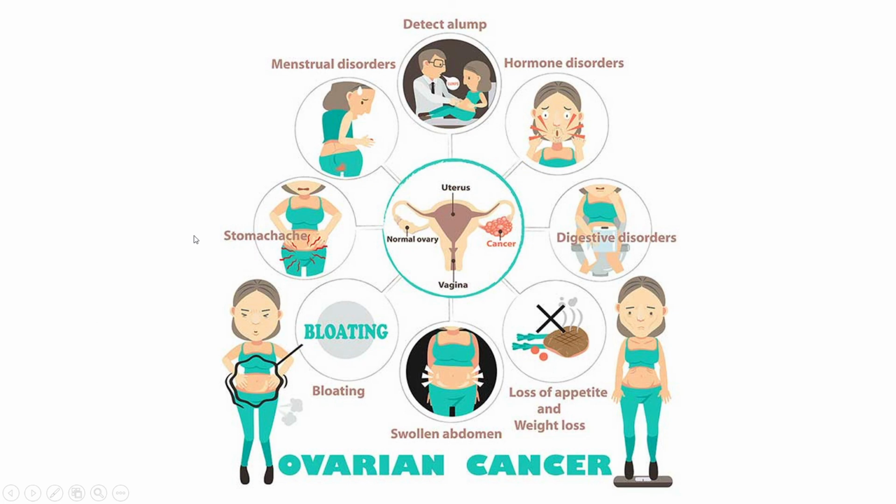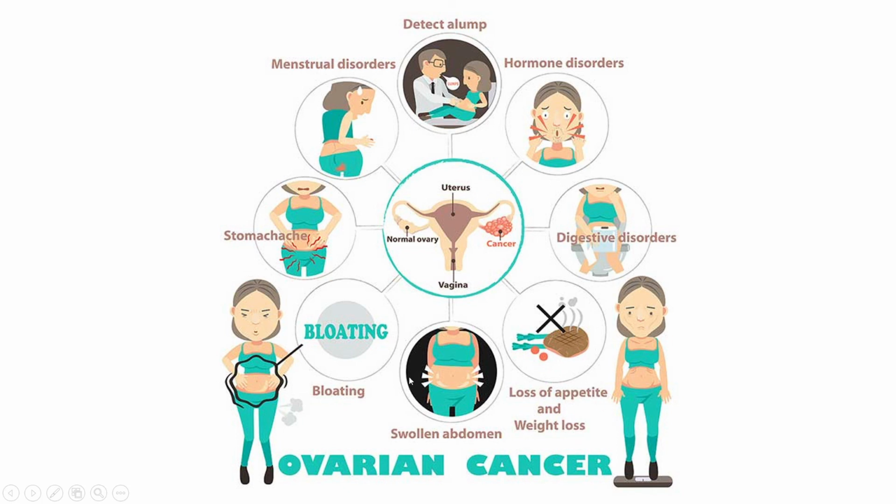Here you can see the symptoms of ovarian cancer. Here you can appreciate this is the normal ovary, this is the uterus, this is the vagina, and here you can see the cancer of the ovary. The symptoms are digestive disorders, loss of appetite as you appreciate in the picture.